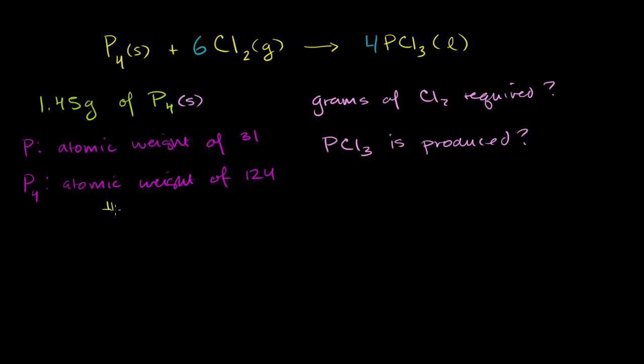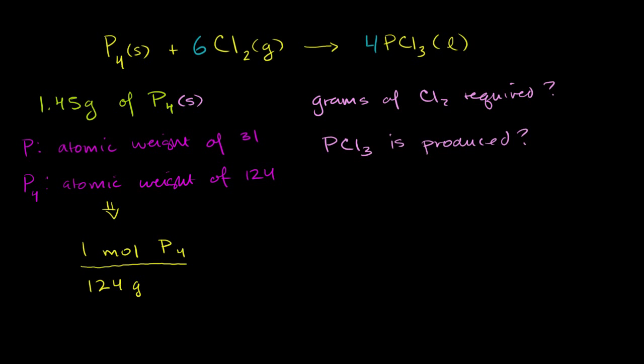This tells us right there that 1 mole of solid molecular phosphorus is going to have, well, since we're doing grams, I should say we'll have a mass of 124 grams. Now, given that, we can use that with this information to figure out how many moles of molecular phosphorus we have, solid molecular phosphorus.